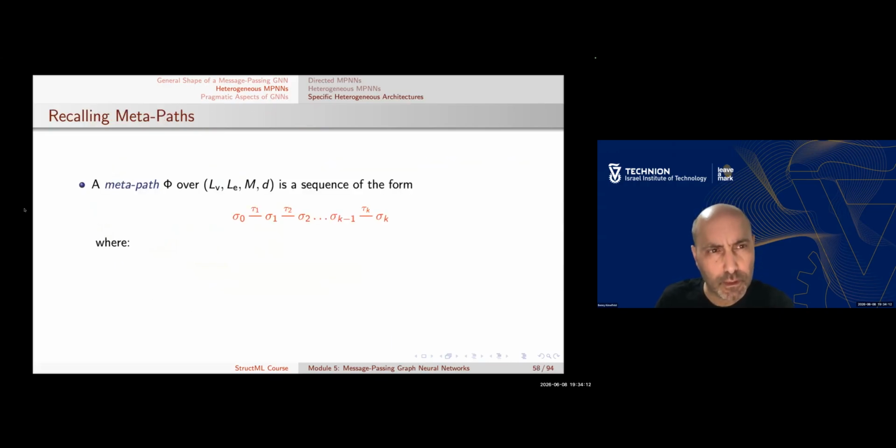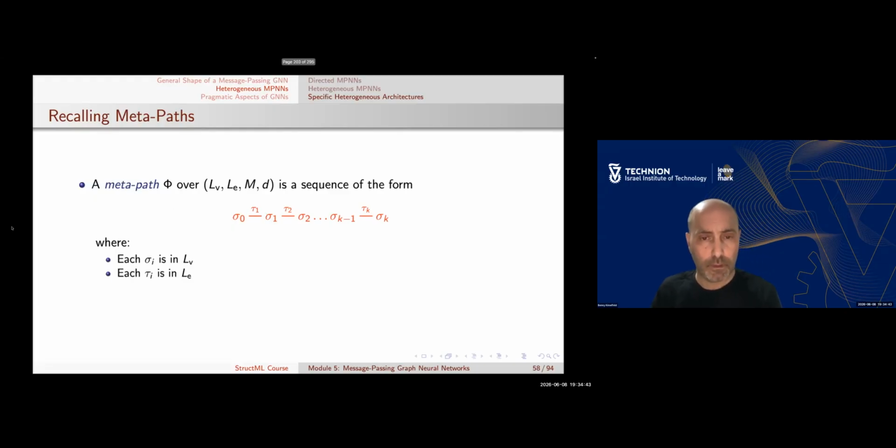Let us recall what a metapath is. I remind you, this is simply a path of labels, meaning that it refers to paths that start with the node label sigma 0, then go through the edge label tau 1, which can be in one direction or the other direction, then going to sigma 1, and so on and so forth to sigma k.